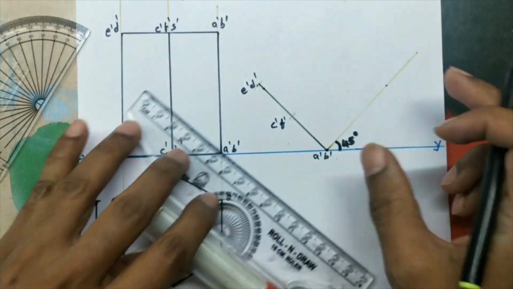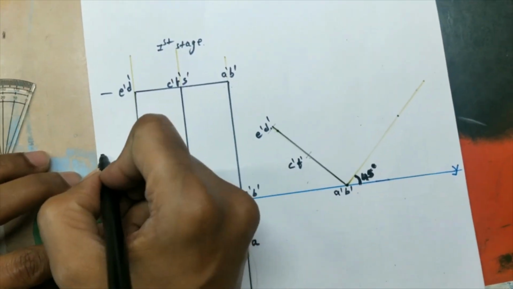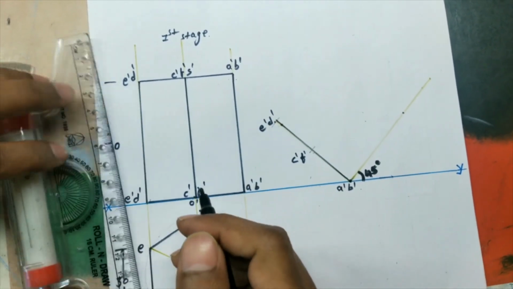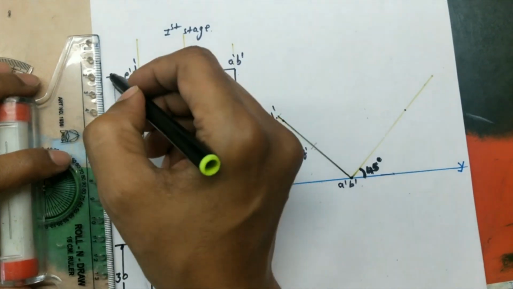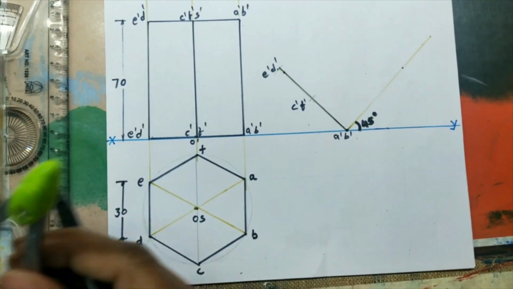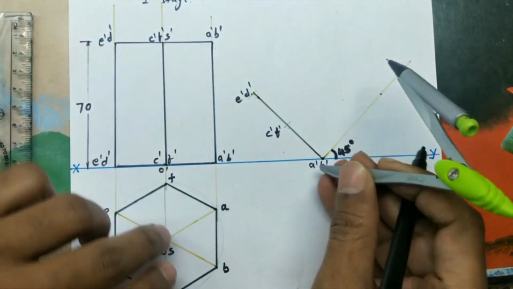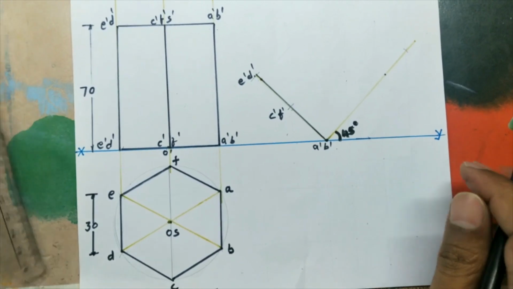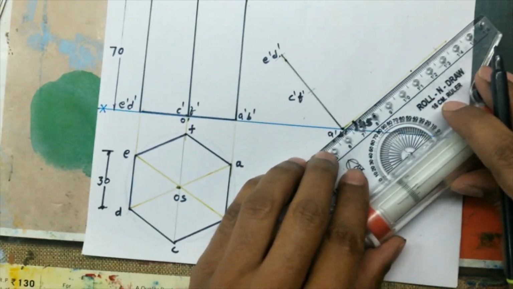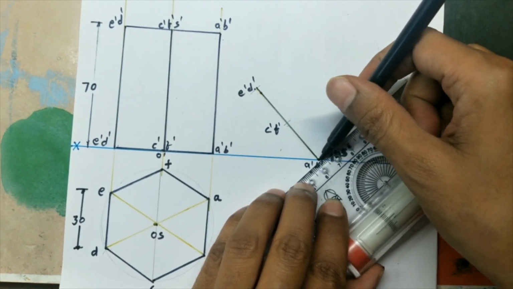This distance we know that it is 70. So again, directly you can take this, or you can mark it with the scale also. Take here and mark it. Okay, now this distance is 70.